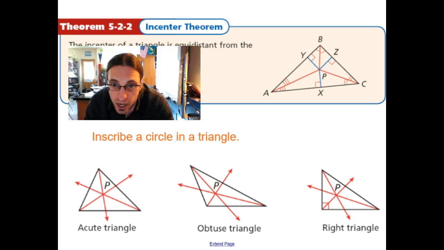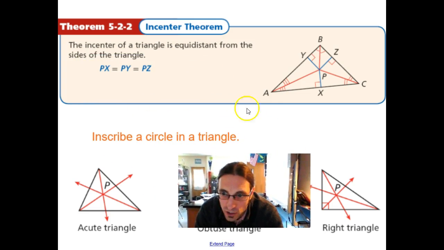The next thing we need to talk about is incenter. And again, the incenter of a triangle is equidistant from the sides of the triangle. Well, how do you do that? How you do that is you bisect the angles, right? So if you cut this angle in half and draw a line through it, you cut this angle in half, draw a line through it, cut this angle in half and draw a line through it. They all come together.